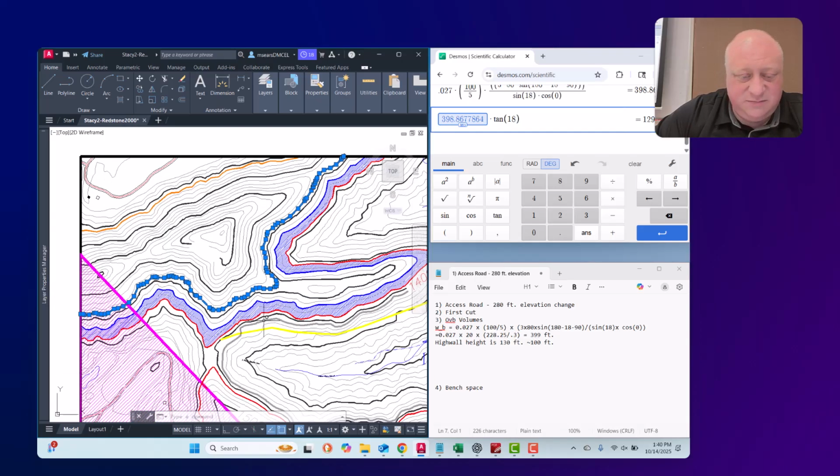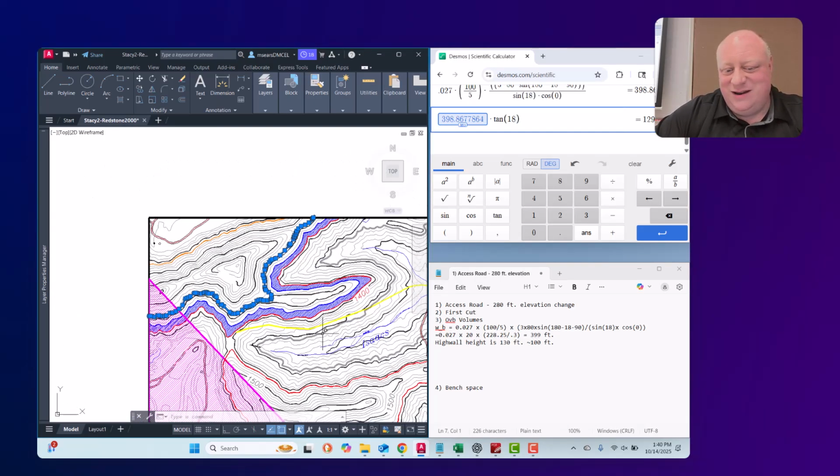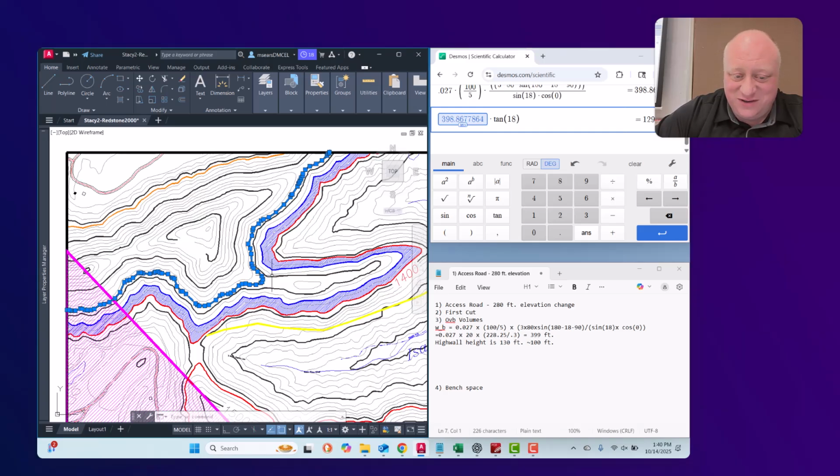Giving us 100 feet. Now you have to decide what you're going to do with this whole point here. You can mine the whole thing right off, and when you come back in to do your approximate original contour, you can refill this back in.